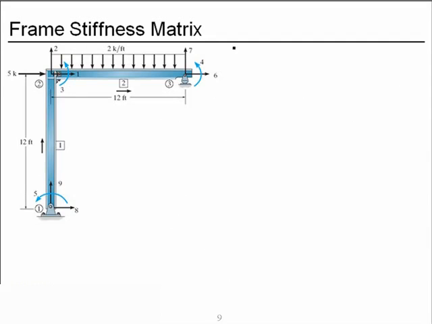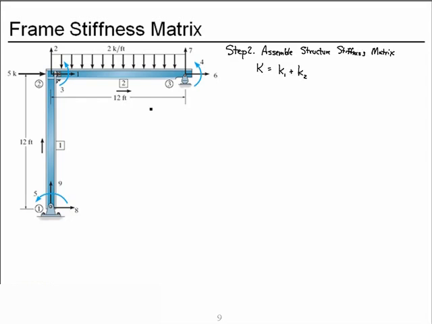Now we're ready for step 2, where we assemble the structure stiffness matrix. And that'll be denoted by capital K. And so we'll sum the two little k's based on degrees of freedom.